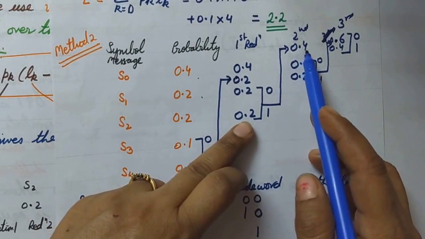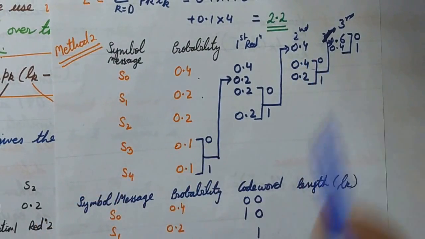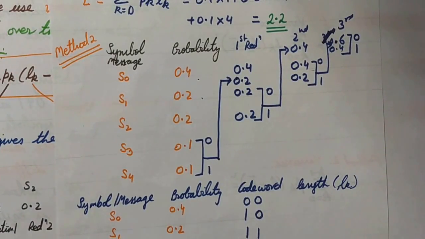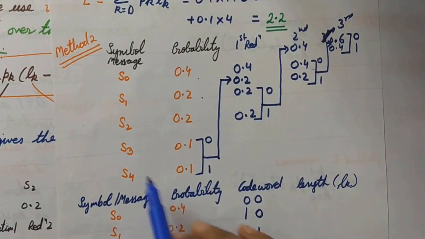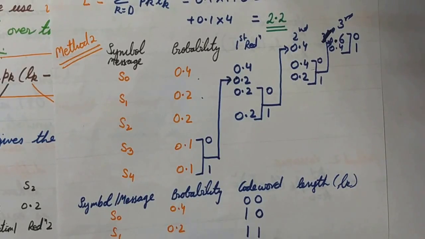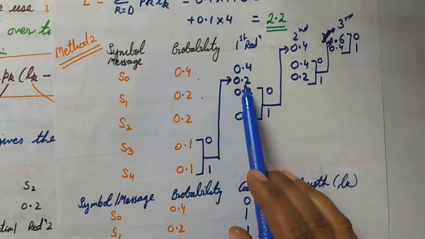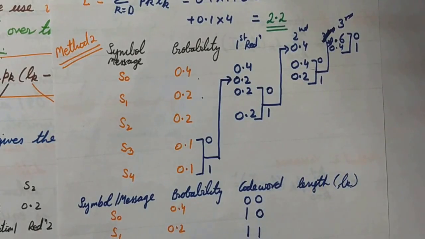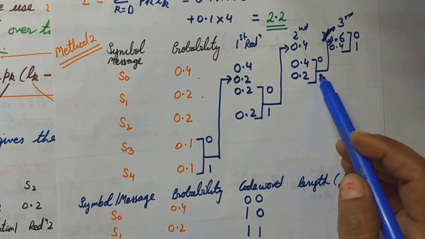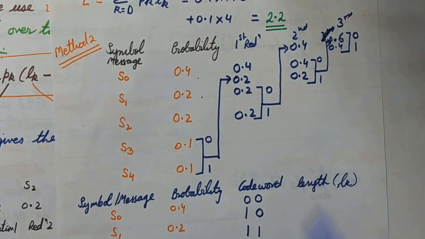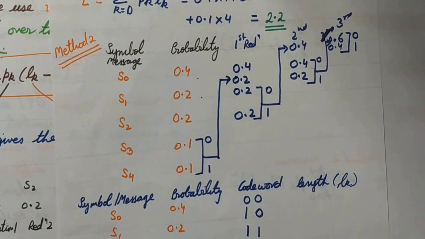This 0.4 again moves to 0.4, here 1 assignment, so it becomes 1, 1. So S0, S1, S2 have got their codes, and S3, 0.1 got 0 assignment, it becomes the LSB. This after combining moves to 0.2, this 0.2 moves here to 0.2, it gets 1, and this 0.2 after combining with 0.4 becomes 0.6 and goes here, and it gets a 0 assignment, it becomes the MSB.